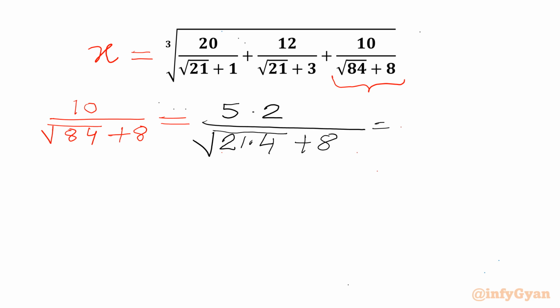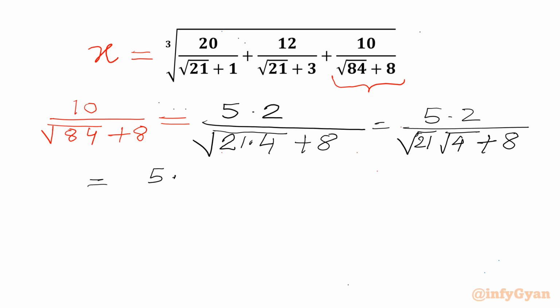Further we can write 5 times 2 over root 21 times root 4, plus 8. Now root 4 is 2. So we can write 5 times 2 over 2 root 21 plus 8.